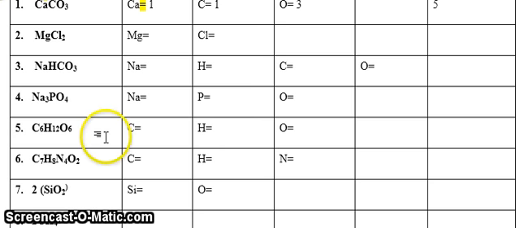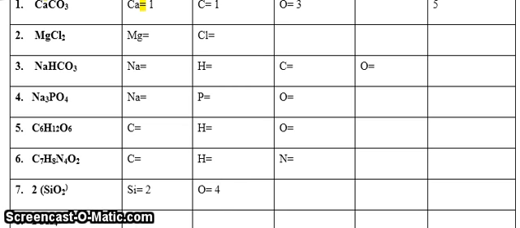So what that means is for Si, you notice there's a coefficient of 2 and a subscript of 1. So you go 2 times 1, coefficient times a subscript, and that means that there's 2 Sis. Now for O, you'll see that there's a coefficient of 2 in front, and then you times it by the subscript, which for O is 2. 2 times 2 gives you 4.